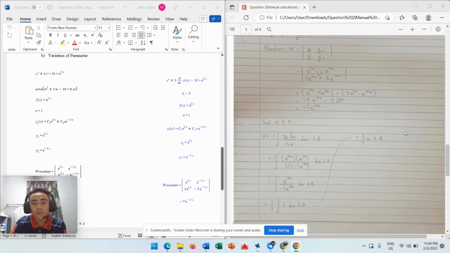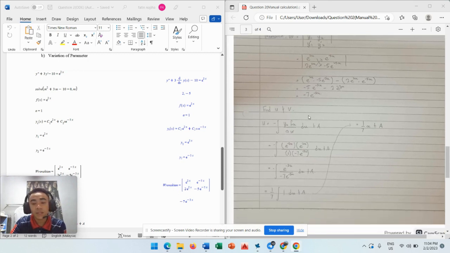Okay, next we need to find u and v. So the formula is negative integrate y2 fx over aw dx plus a.